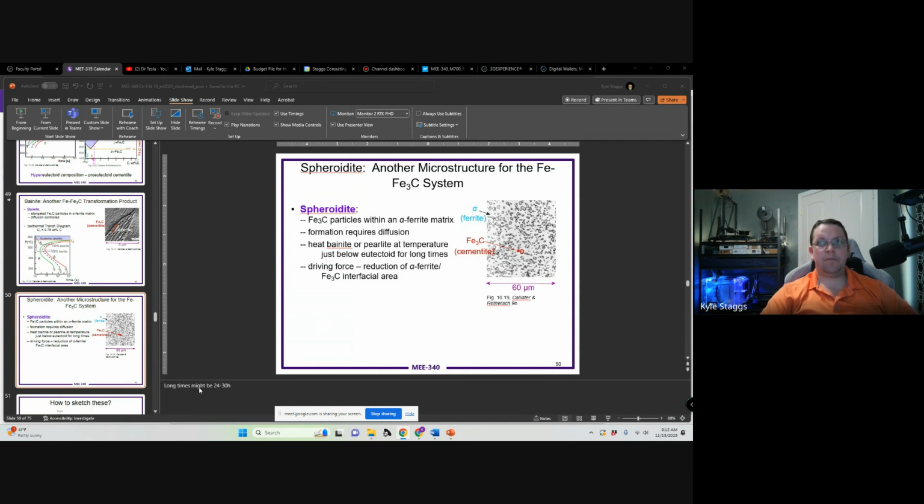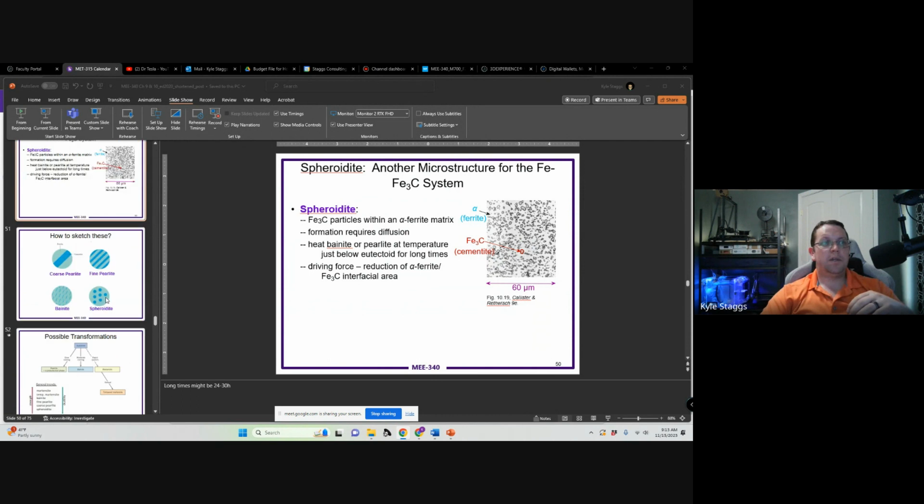So it might be 24 to 30 hours at an elevated temperature to spherodize material. So spending 24 hours at a temperature allows this material to equilibrate very well. So it's very evenly distributed in its pockets.